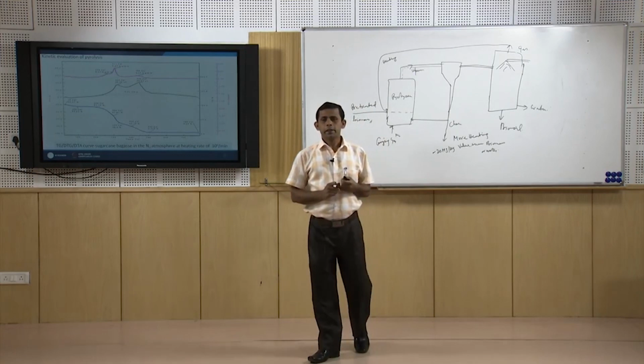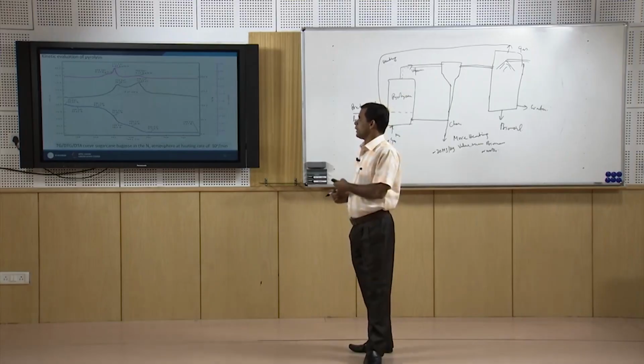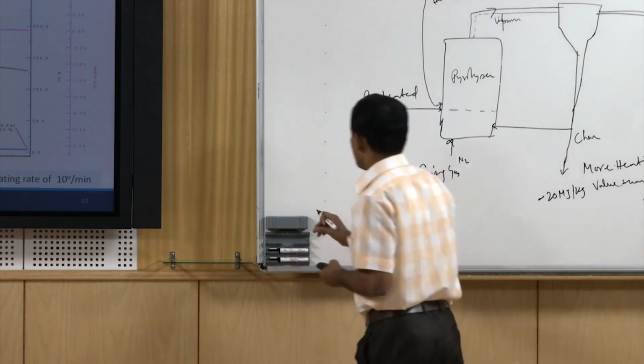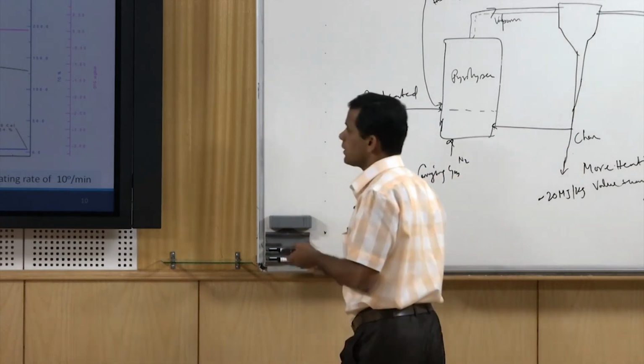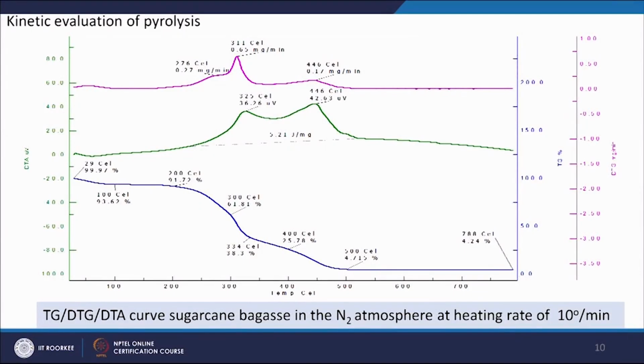To understand the kinetics of the complex pyrolysis process, people use TGA, TG and DTA data. On thermal gravimetric analysis, the data generated looks like this. In this graph of the TGA data, it is evident that up to 200 degrees only around 8% mass loss is there, but when the temperature is increased to 300, 38% mass is remaining, that means 62% mass is lost.